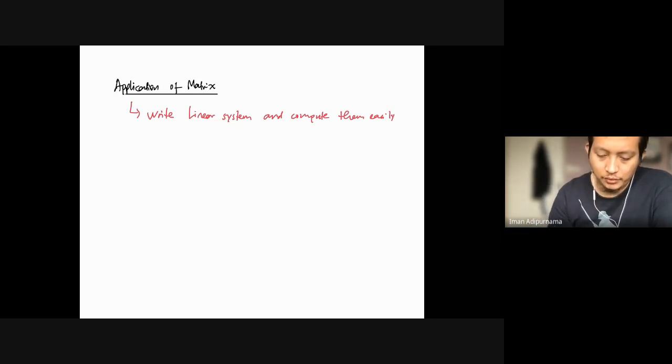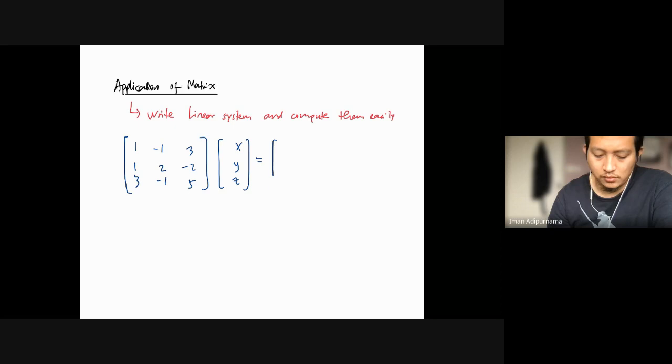We can rewrite equations, for example, as a matrix equation.